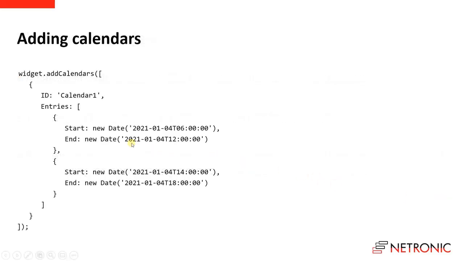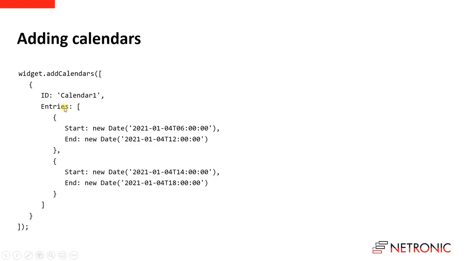Now let's see how we can define a calendar object. For this, the widget offers the method addCalendars, and this method expects an array of calendar definitions. Here in this example, we define one calendar. We give the calendar an ID and an array of entries.